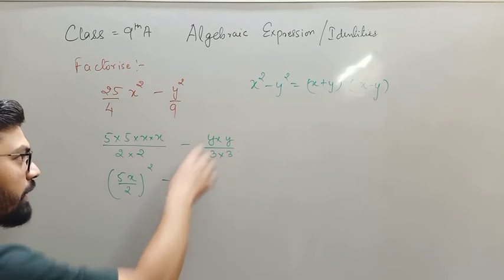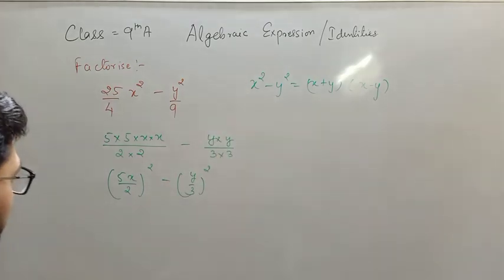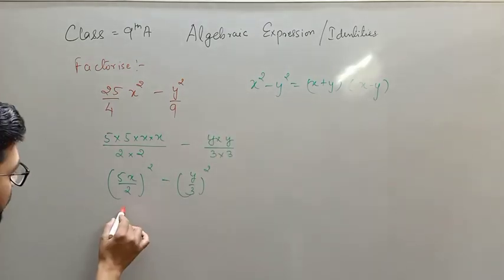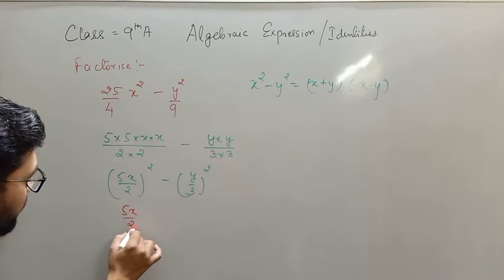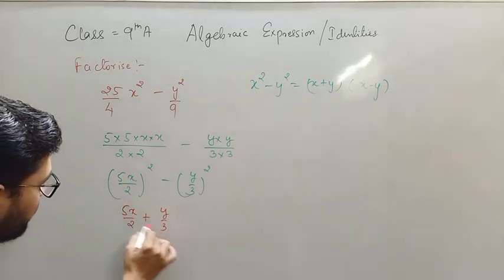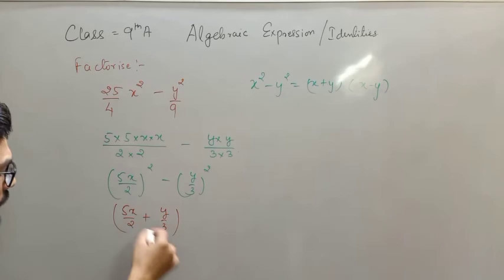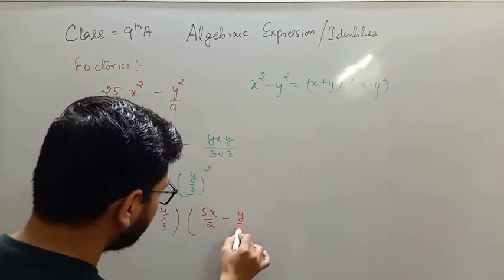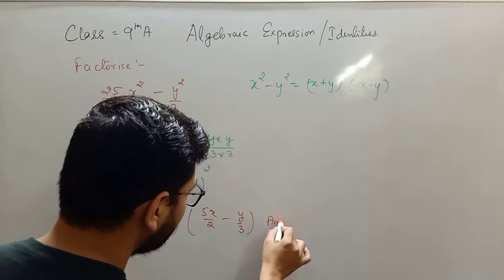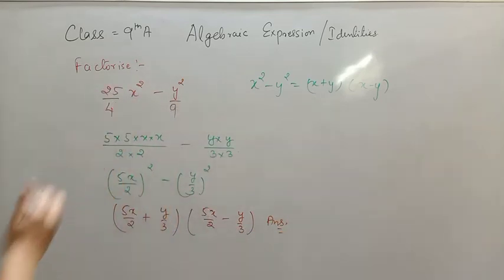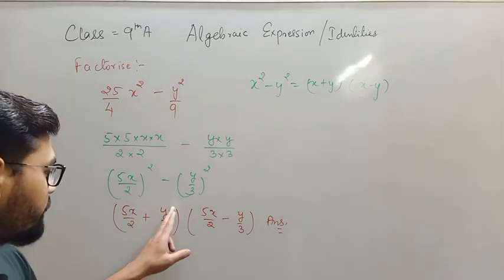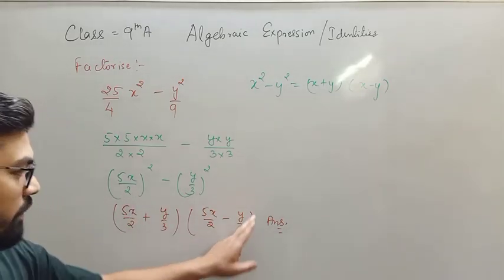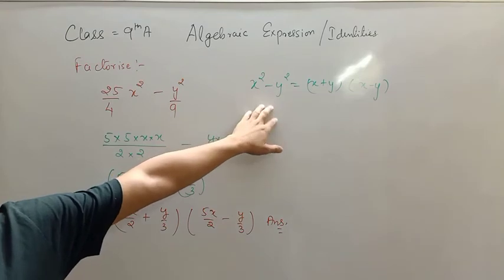Now I can apply this identity in this question. So I can write x plus y using this identity and x minus y. So in this way I just factorize this given algebraic expression like this: 5x by 2 plus y by 3, 5x by 2 minus y by 3 using this identity.